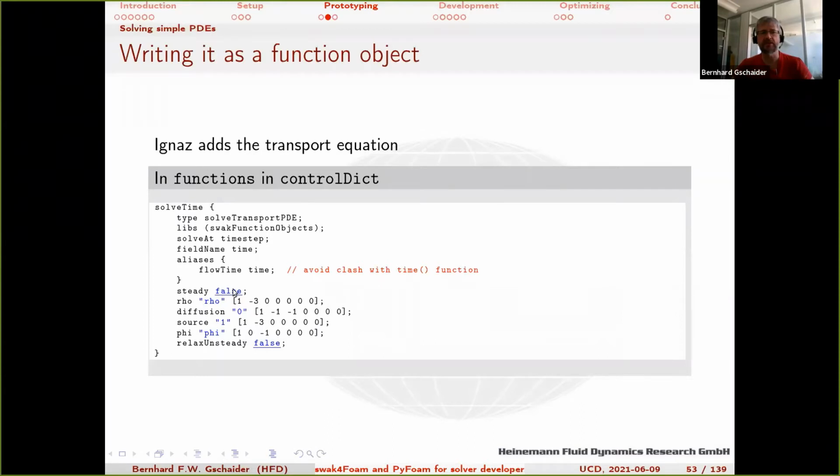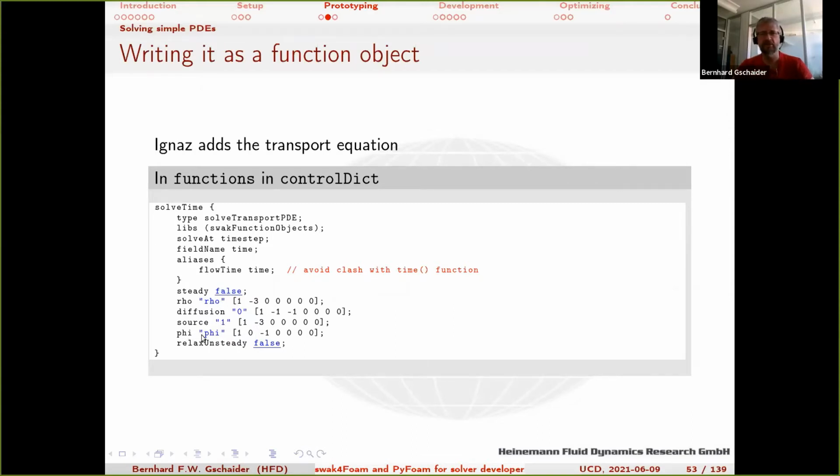Then he says, okay, I'm not going to solve this steadily. For rho in the transport equation, use rho; you will find that in memory. That's the usual thing. The diffusion term should be 0. The source term, the explicit source term, is 1. That's what we had.